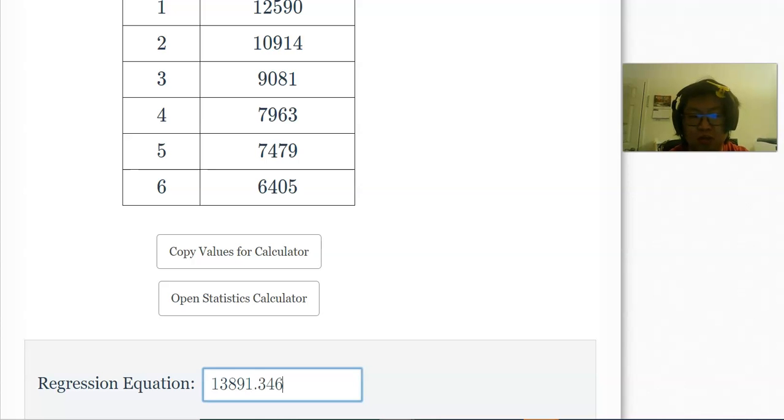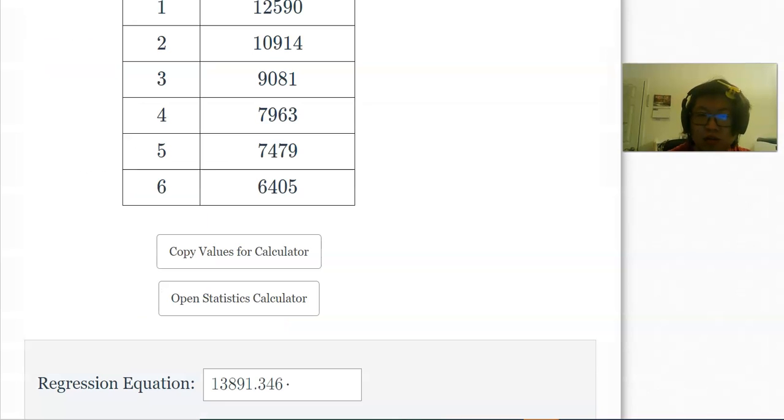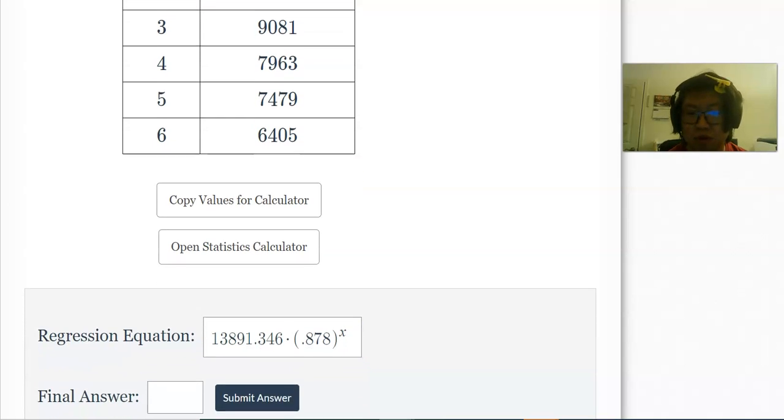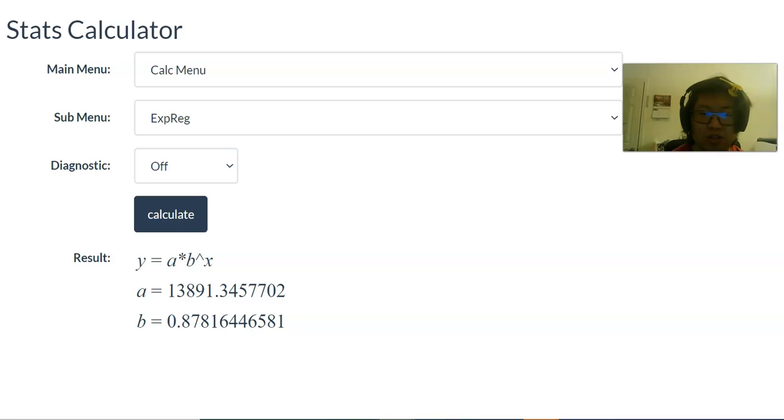All right, and then I have to multiply here by 0.878 and raise it to the x power. That should be my regression equation, where the b comes from the rate that was given to us, that b up in here. And again, I rounded to the thousandths, right here.